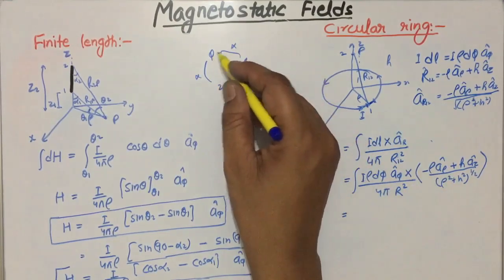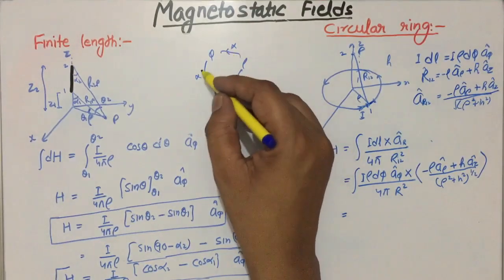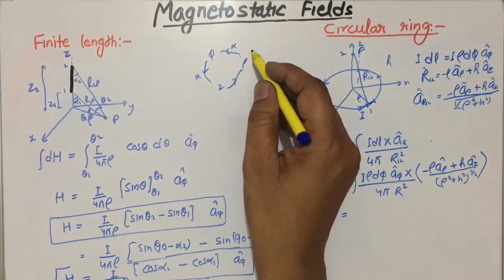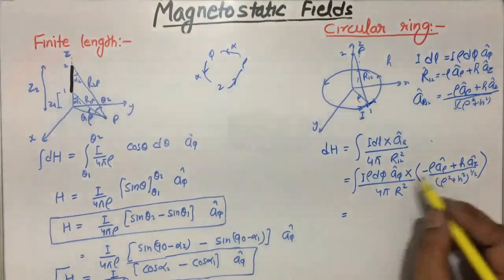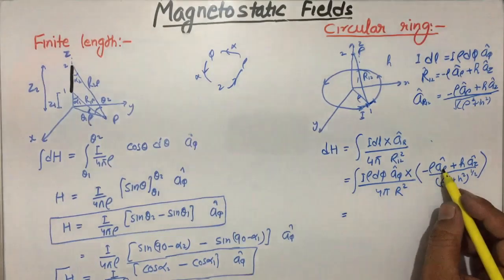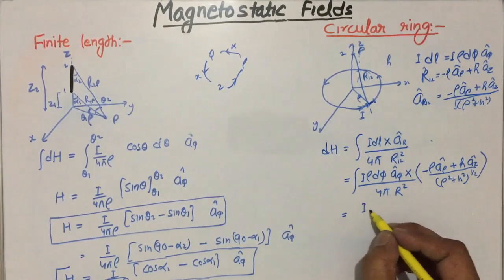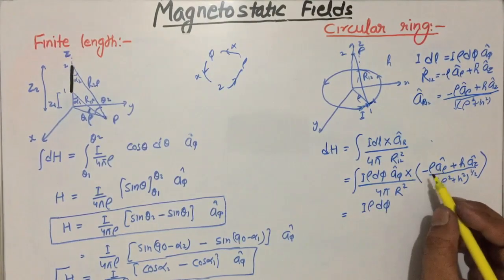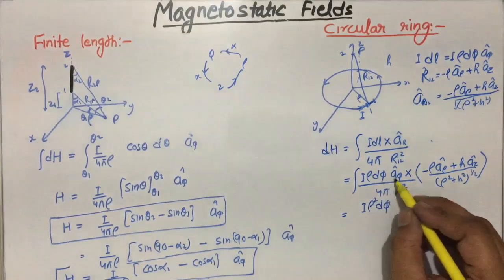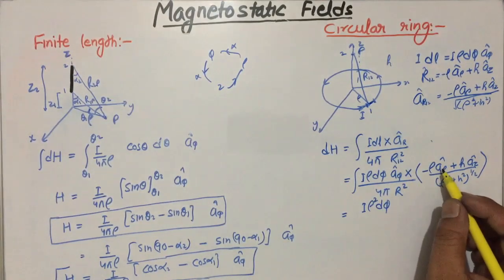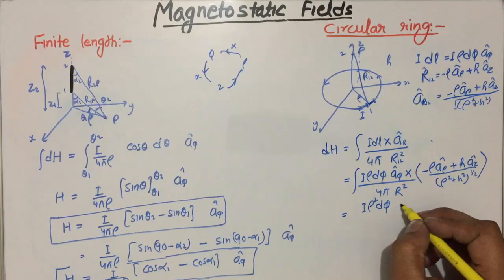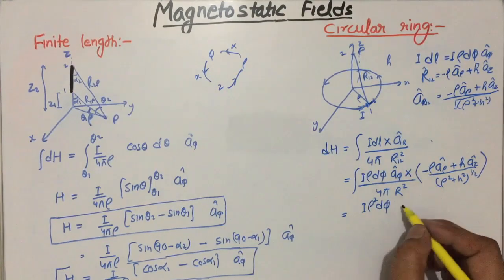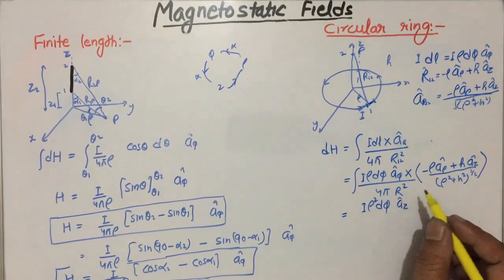If this is the positive direction, going from a phi to a rho will give us minus az. So from that, d phi, and this will give us rho, from there it will be rho square. A phi cross a rho gives minus az. So that minus and this minus will be plus, in the direction of az.